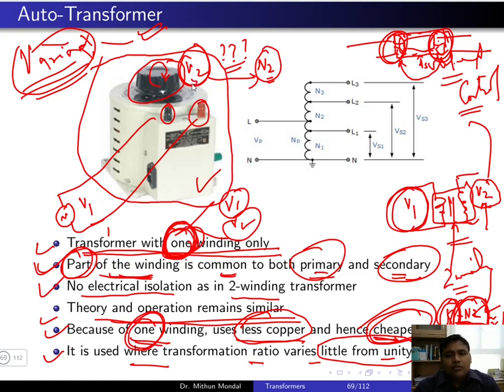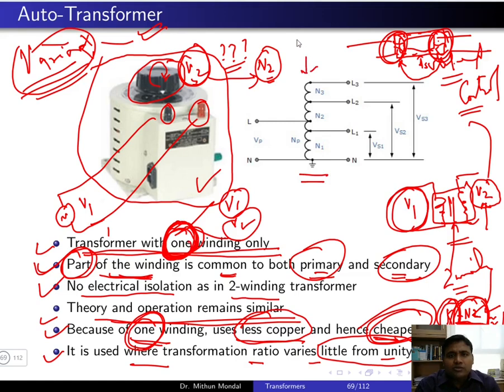Just to remember, in the auto transformer you will be having one winding and the windings will be physically connected, so electrical isolation will not be there as in a two winding transformer. Here part of the winding will be for the supply voltage and part of the winding will be for the secondary voltage.